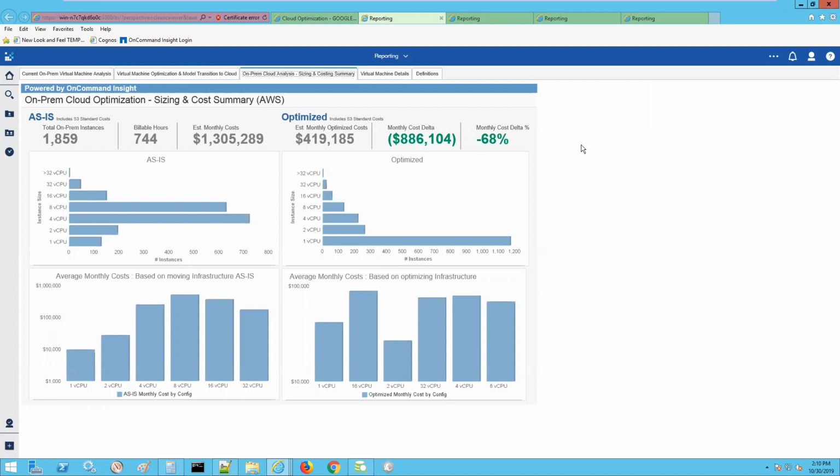For AWS, we're using on-demand pay-as-you-go rate cards, and we can change those rate cards based on either your on-prem cloud environment, or even your existing off-prem, to calculate these values a lot more accurately.